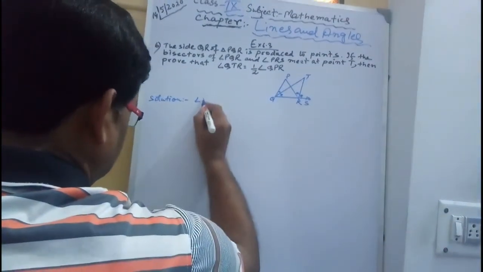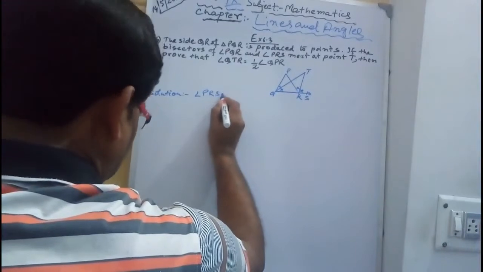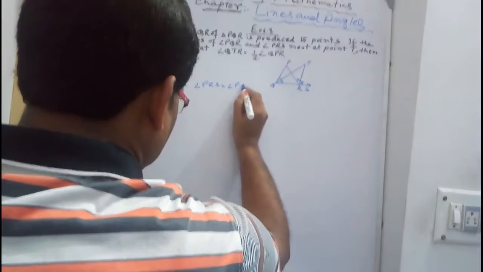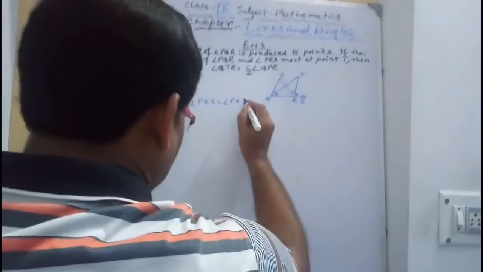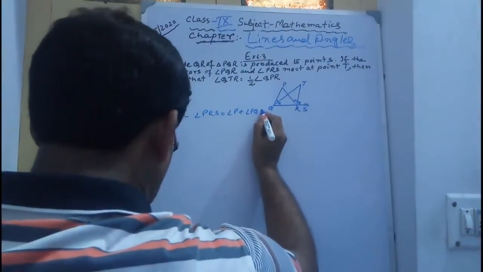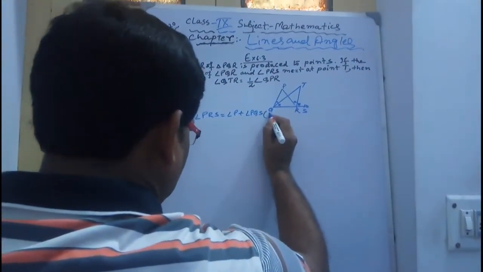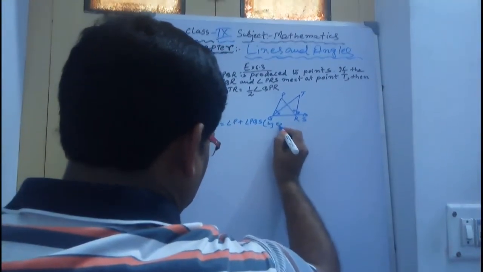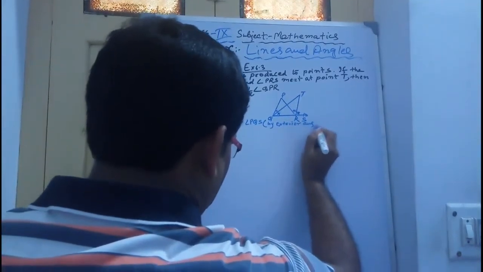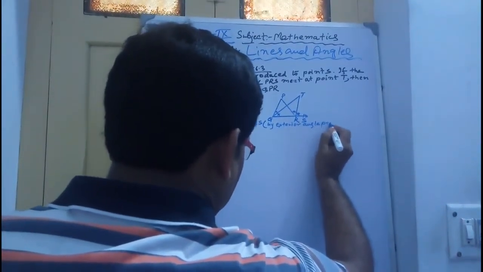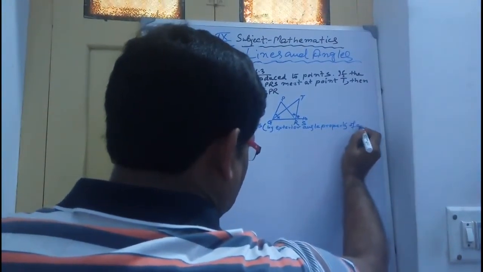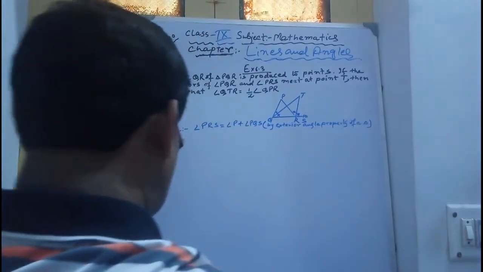Angle PRS equals angle P plus angle PQS by the exterior angle property of a triangle.